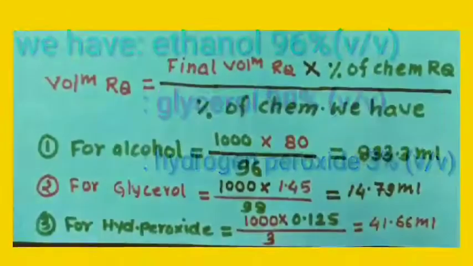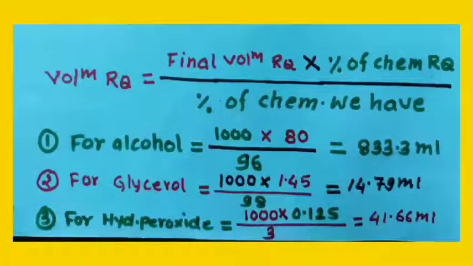So we use this formula here. Volume of chemical required to prepare the sanitizer equals final volume required, meaning how much volume we are going to prepare, multiplied by percentage of chemical required in final product, divided by percentage of chemical we have, meaning commercially available percentage of chemical.